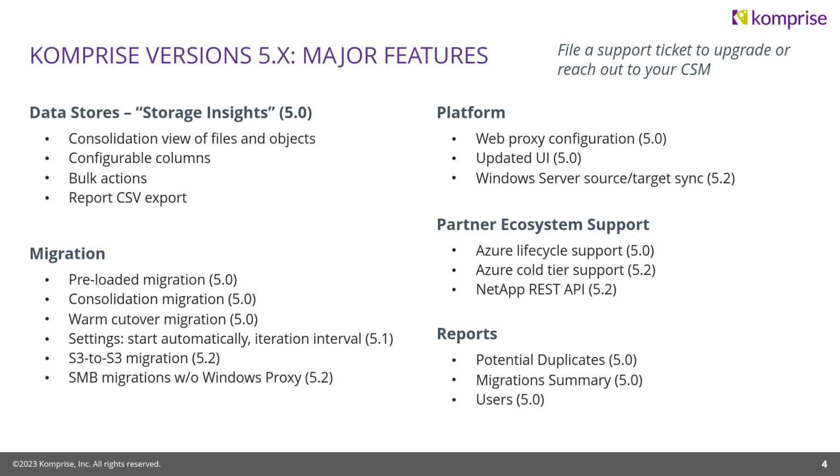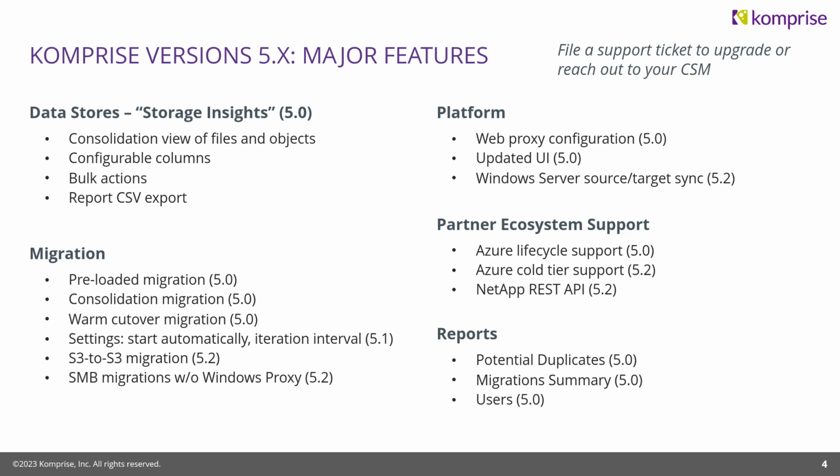There are a lot of platform updates, things that will help ease your configuration, so you don't need Komprise support to configure your web proxy, for example. We have source target sync for Windows servers, and we're continually adding new partners to our ecosystem.